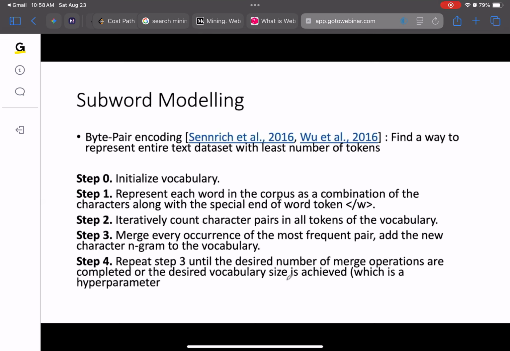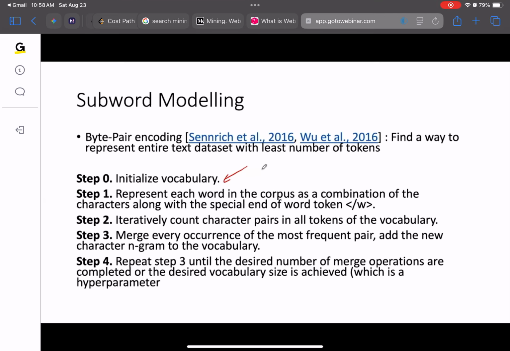There are several ways to do subword modeling. One of the popular ways is byte pair encoding. This is based on an information theory principle of finding the least number of tokens to represent a text data set. Here we initialize the vocabulary with single characters.